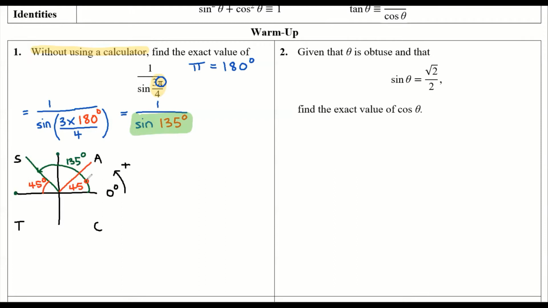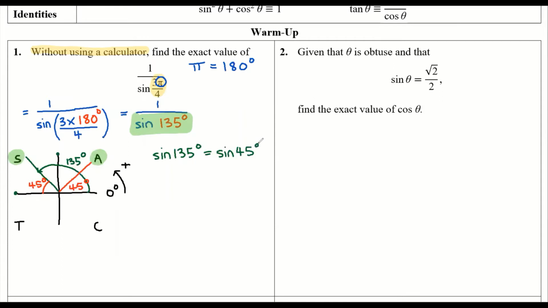If you remember from previous chapters, if all trig ratios are positive here and only sine is positive here, I now know that the sine of 135 degrees must be the same as the sine of 45 degrees.